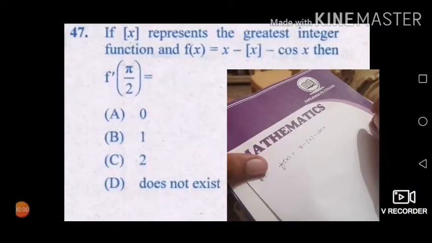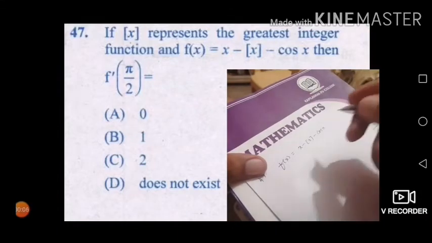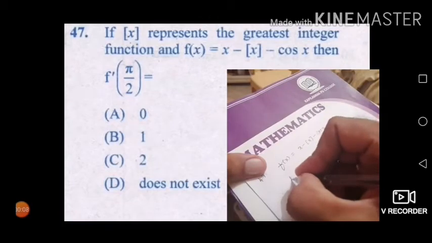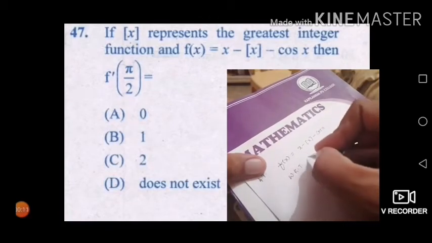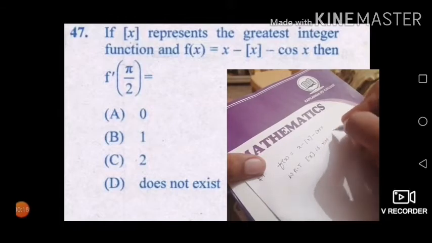Question number 47. Given the function f of x is equal to x minus greatest integer function of x minus cos x. My dear students, we know very well that the greatest integer function x is not differentiable.